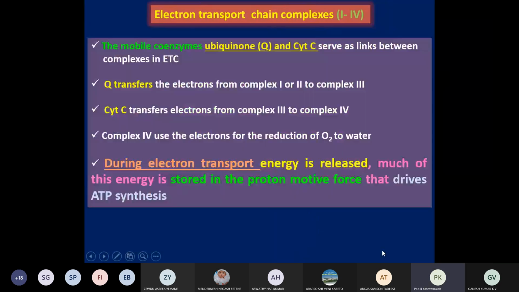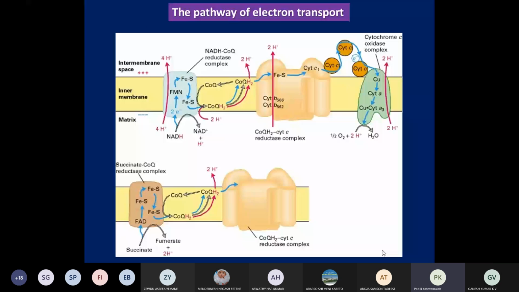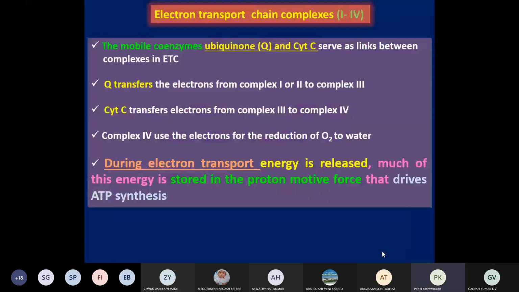So now, as I already said, it has many coenzymes, many complexes. In addition to all these four complexes, the electron transport chain also has two movable electron carriers.